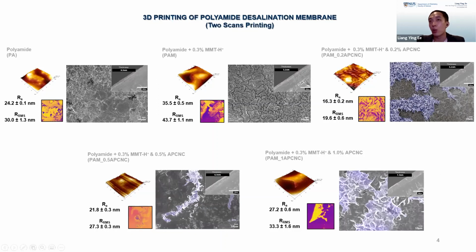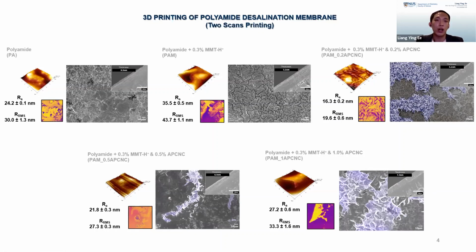Then the membrane loaded with 0.2% APCNC reveals a layer of small and highly crystalline structures highlighted in purple above the polyamide layer. The increase in APCNC actually influences the thickness of the polyamide layer itself.